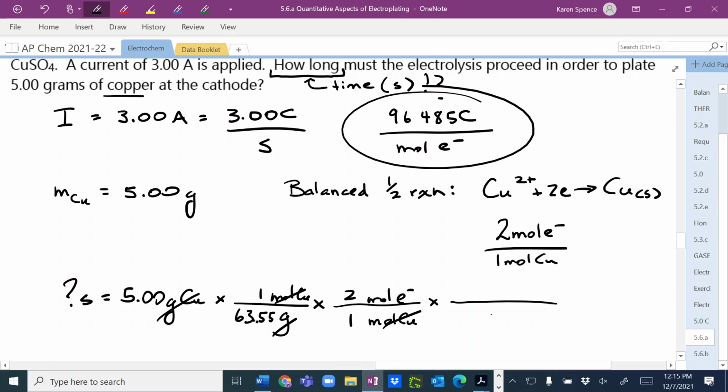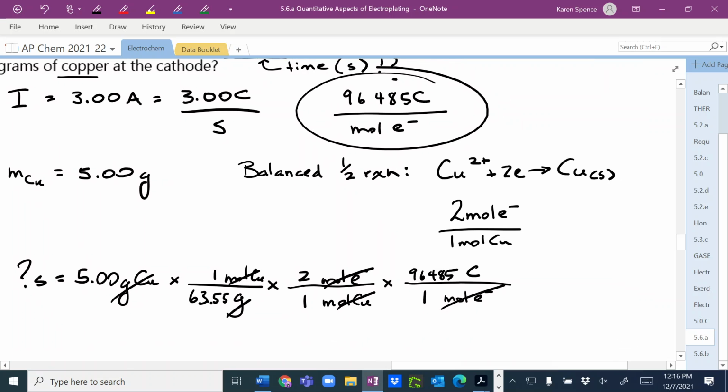So I want to cancel moles of electrons and find coulombs. 96,485 coulombs for 1 mole. And finally, what's our last thing? Coulombs per second. So that's going to be, let's see. Oh, coulombs need to go down here.